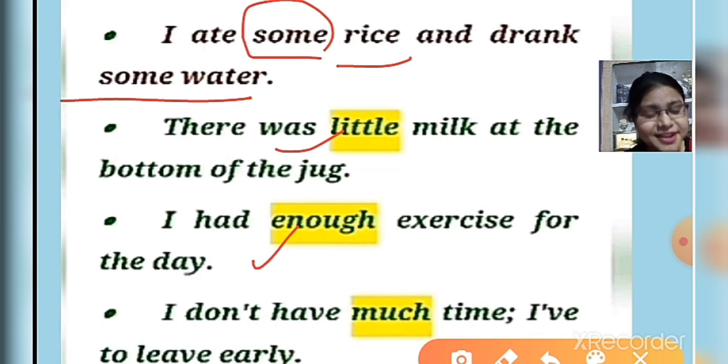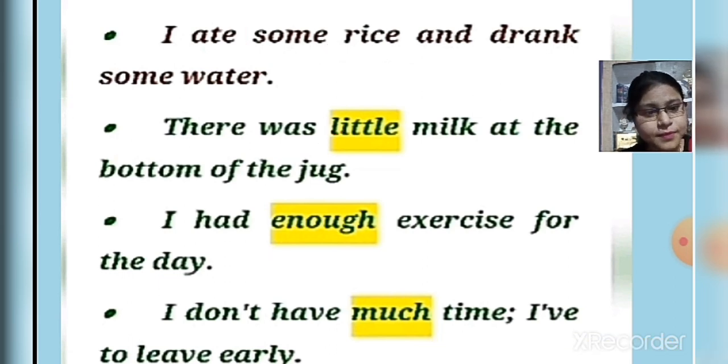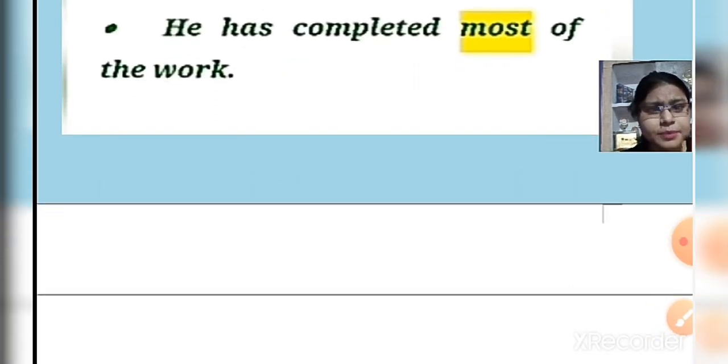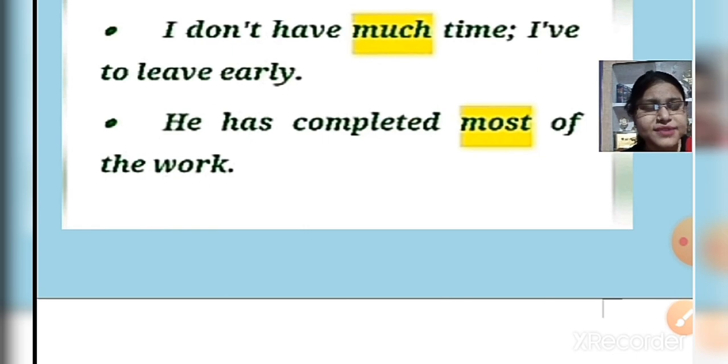So it is again an adjective of quantity. Clear? One more: He has completed most of the work. As you know, work is uncountable, so with the word work there always comes an adjective of quantity. So I hope the difference between adjective of number and adjective of quantity is clear to you.